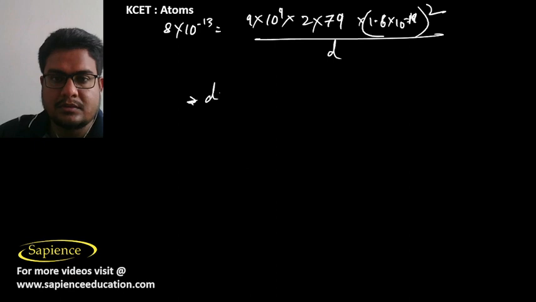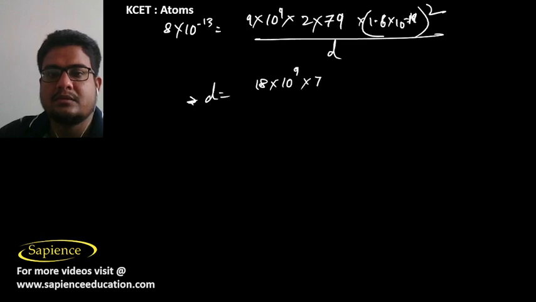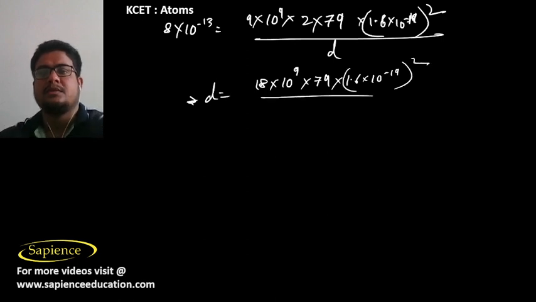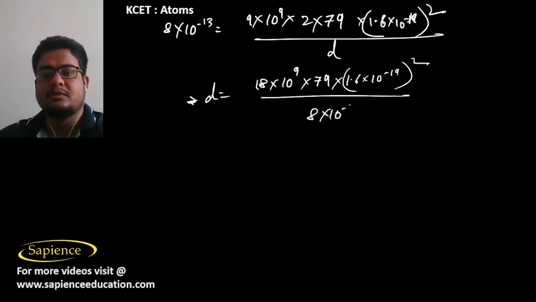Therefore, d is equal to 9 into 10 power 9 into 2 into 79 into 1.6 into 10 power minus 19 whole square divided by 8 into 10 power minus 13.